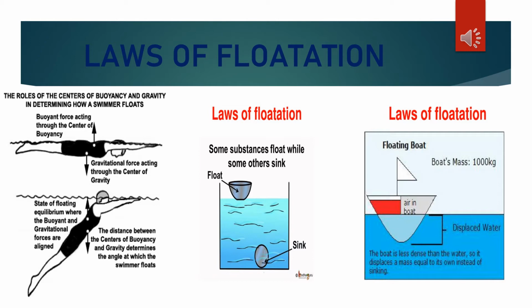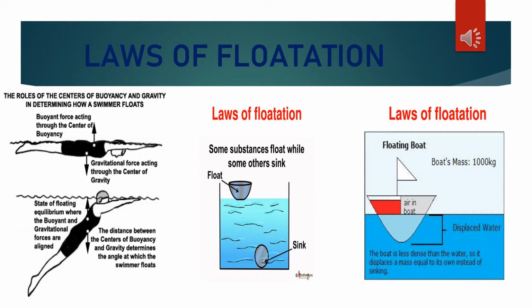In the first case of swimming, you see buoyant force acting through the center of buoyancy and gravitational force acting through the center of gravity. That's two different points. That girl is swimming straight. So here W is equal to W dash.